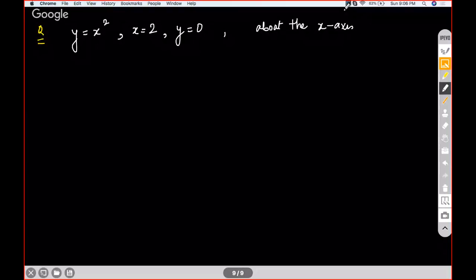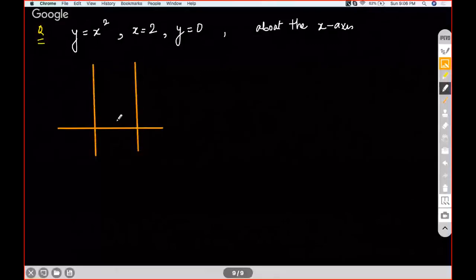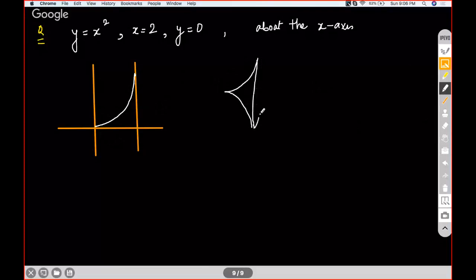Make the diagram first. It's the same figure, but this time it will form a different 3D figure. This is rotated about the x-axis, so you'll get something like this.